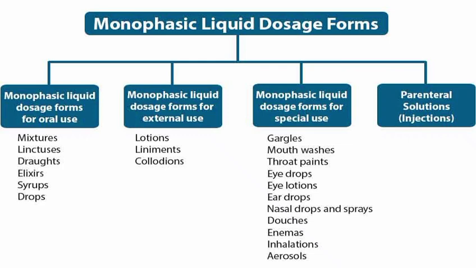For oral use, we are using mixtures, linctuses, draughts, elixirs, syrups, etc. For external use on the skin, we are using lotions, liniments, collodions. And for special use, we are using gargles, mouthwashes, throat paints, eye drops, eye lotions, nasal drops, sprays, etc. We also use monophasic liquid dosage forms as parenteral solutions.